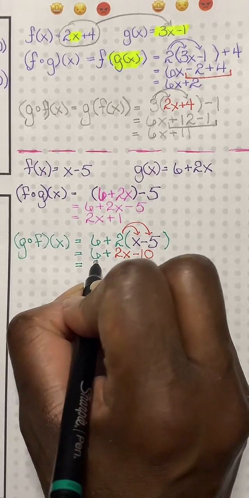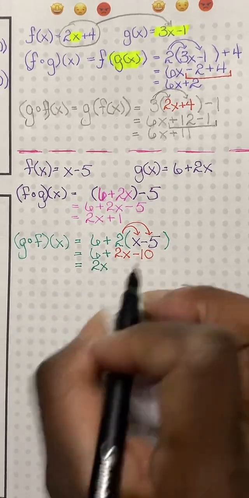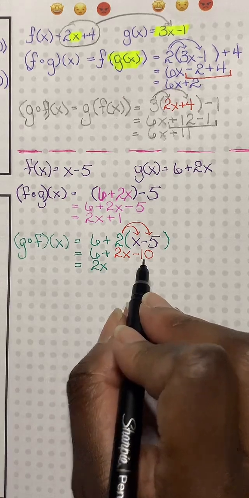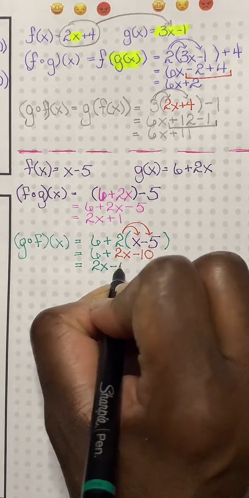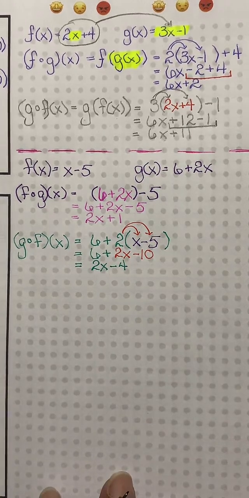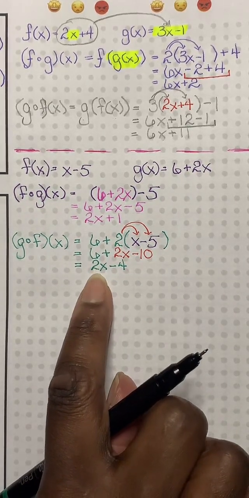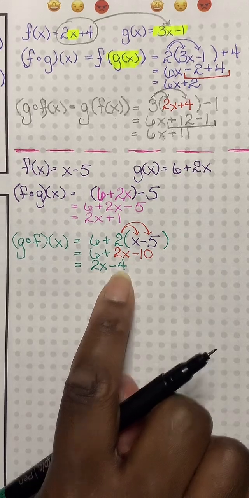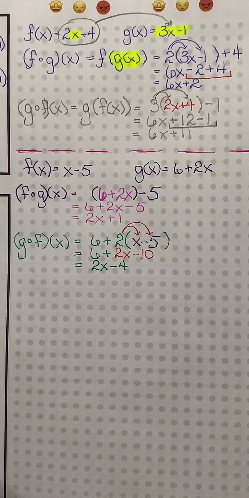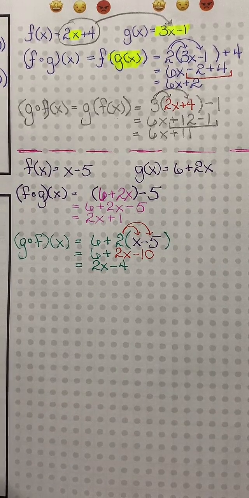So we still have our 2x, but we have 6 minus 10, that gives me a negative 4. And that's going to be a result because you can't combine 2x with your negative 4 because they're not like terms. All right, how are we feeling so far?